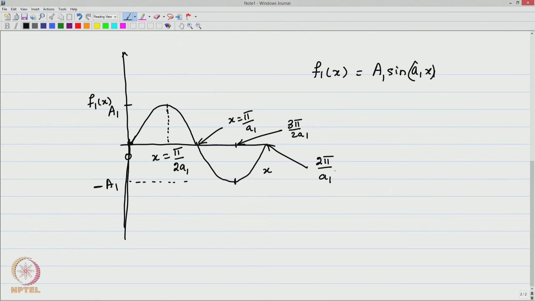So this is the simple oscillatory function.